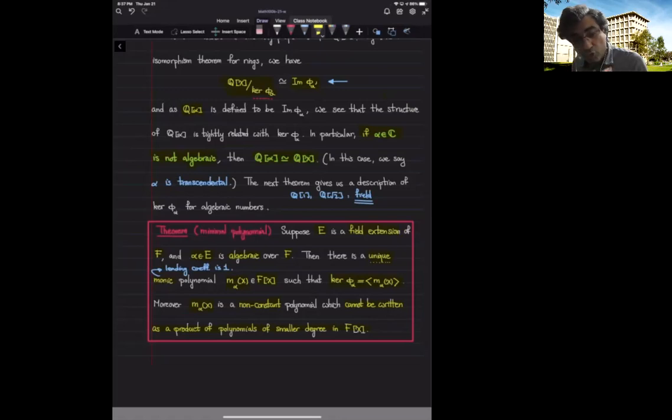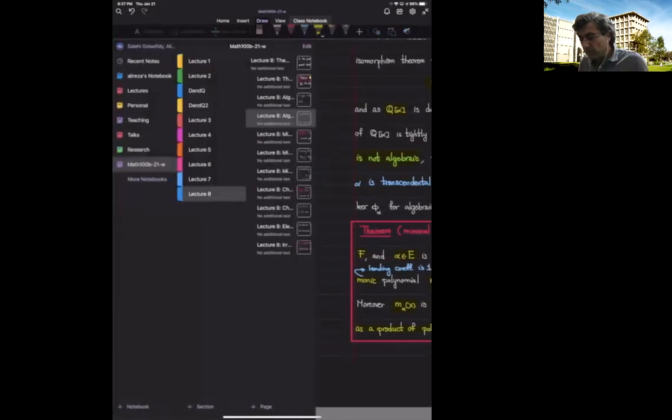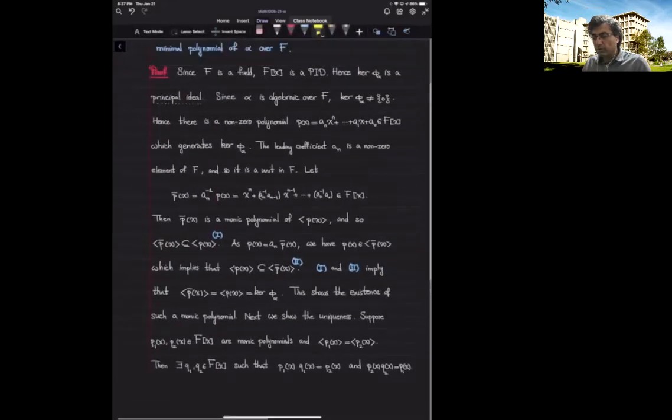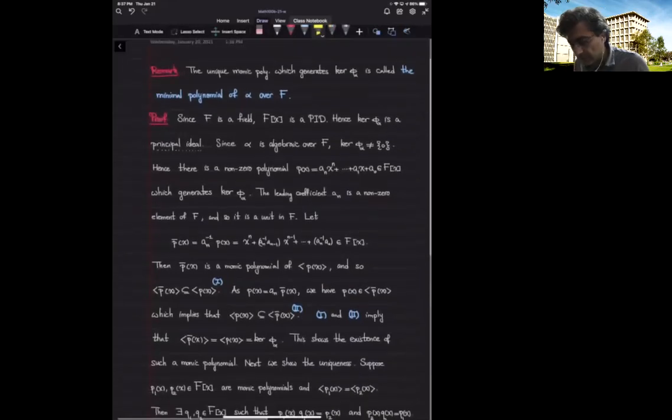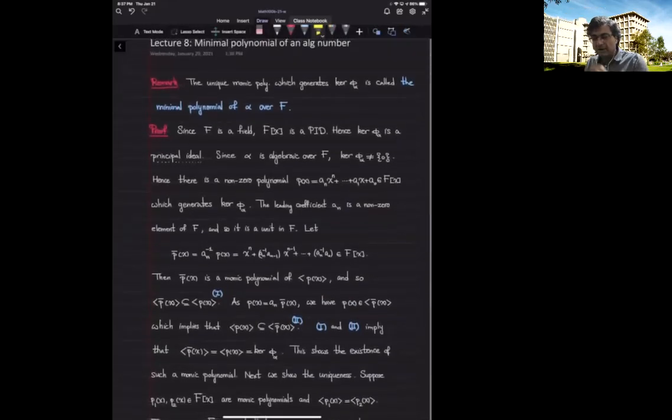Okay, this is a crucial part of this generator. We call this generator the minimal polynomial of alpha over F. So this unique polynomial that we denoted by m sub alpha, or sometimes I write m sub alpha comma F when I want to emphasize that this belongs to F[x].